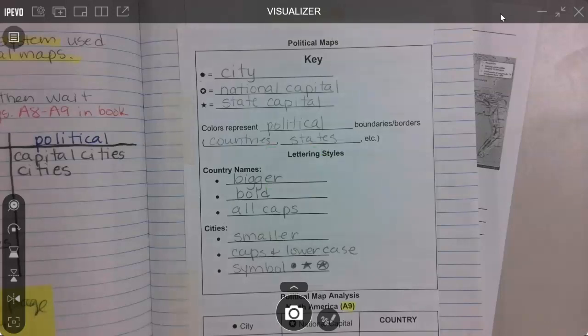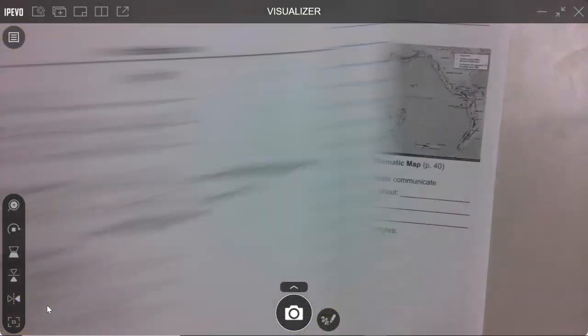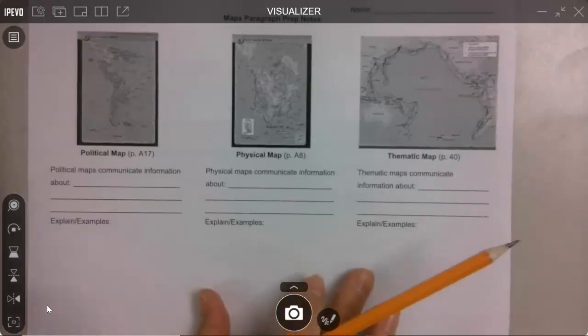So again, give some thought. What information do political maps convey to the reader? Because they are different than physical and different than thematic maps. So maybe give these notes a look and then pause the video and think about answering this question.